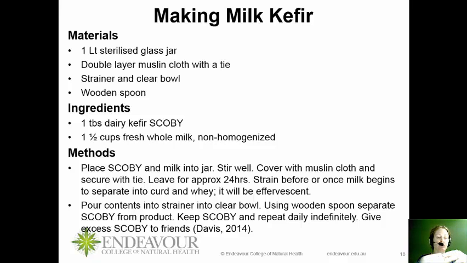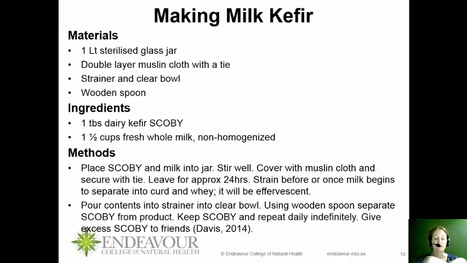One tablespoon of the SCOBY and about 1.5 cups of fresh whole milk. We want all of the fat there, that's really important. Once the SCOBY has started to do its fermentation, you'll notice the milk begins to separate into curds and whey, so you get that watery look on the top, and it will be effervescent, so you should see little bubbles.